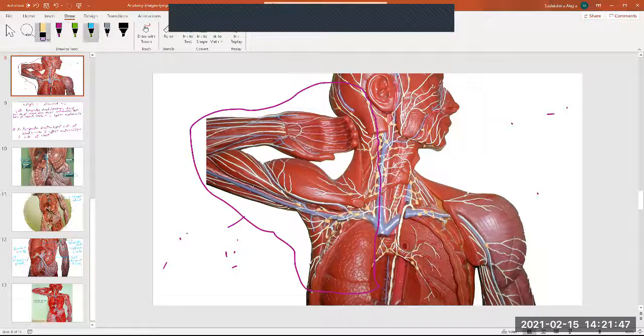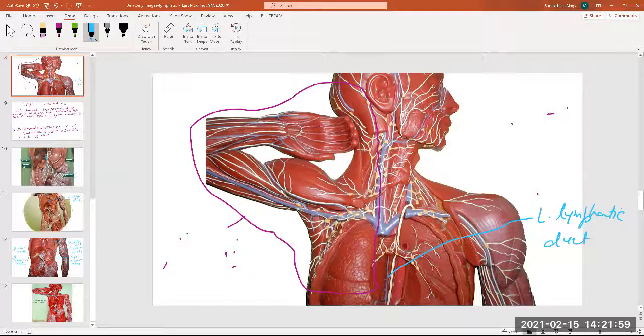Left lymphatic duct, right here. Okay. So it goes around, basically below. This is the left subclavian vein. Recall, we already learned this.